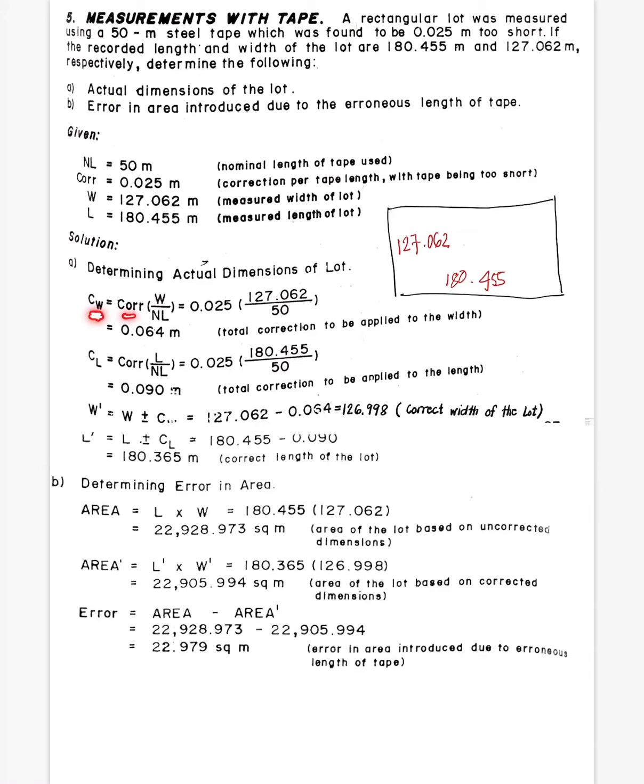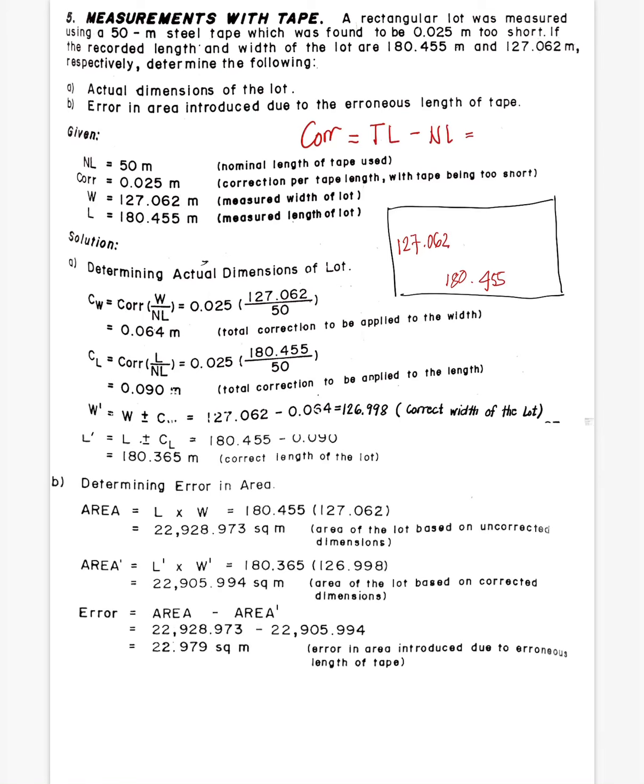Correction for width, you have already solved the correction. To solve for the correction, by the way, you have correction is equal to the tape length minus the nominal length.